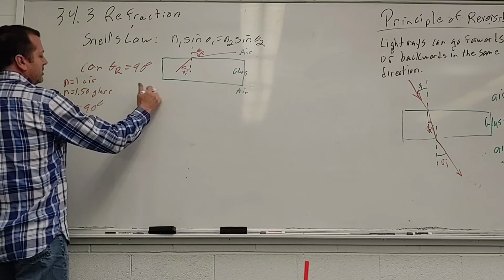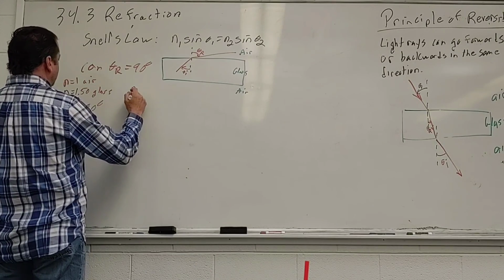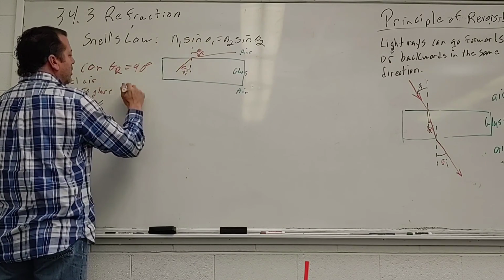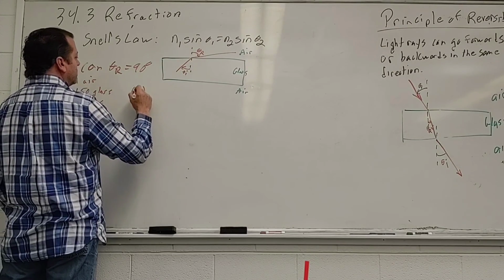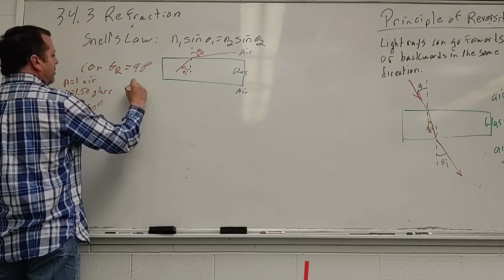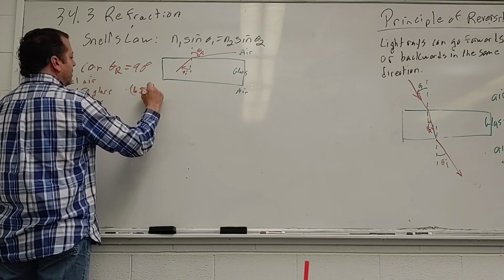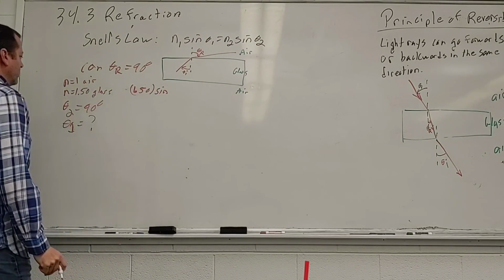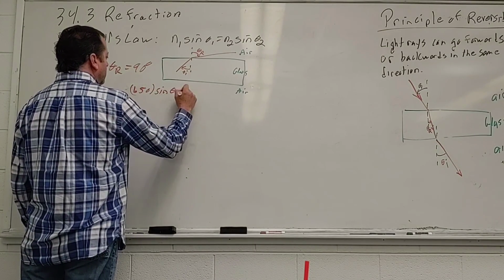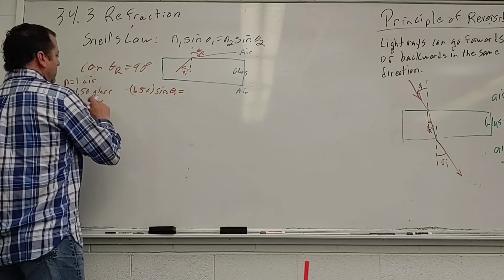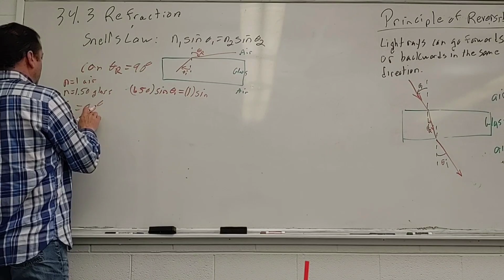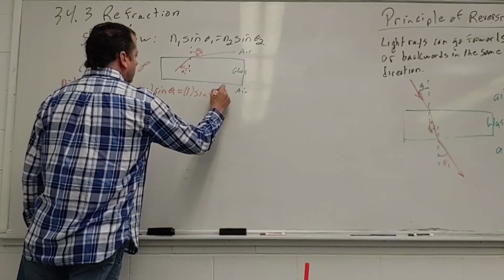So let's just set it up. 1.5 times the sine of theta 1 equals 1 times the sine of 90 degrees.